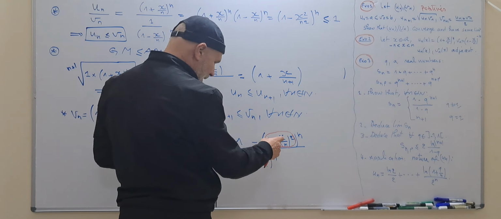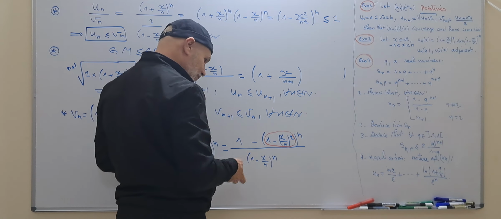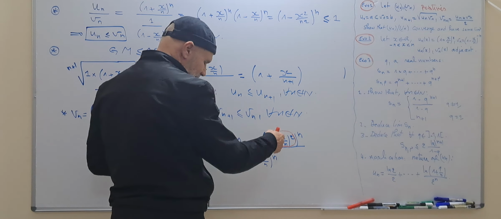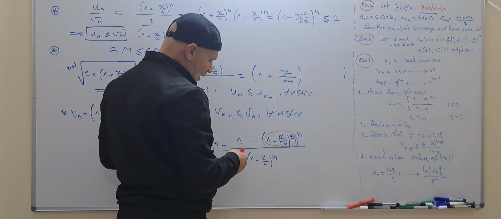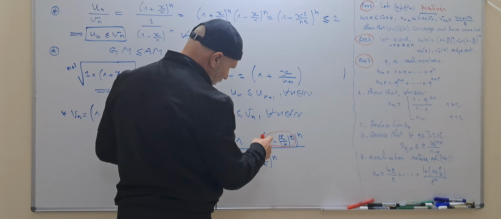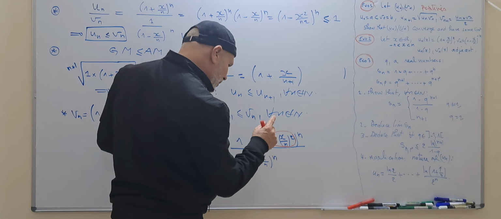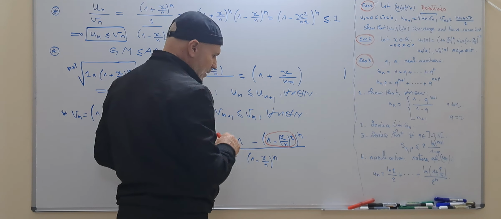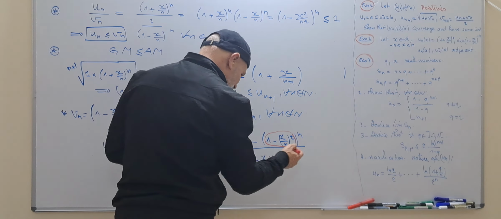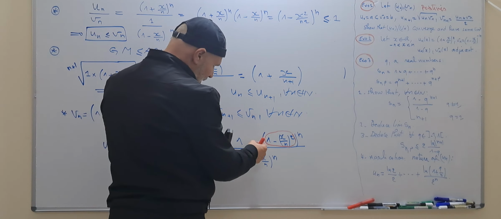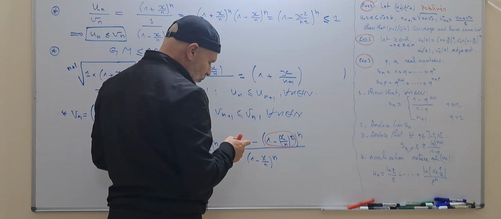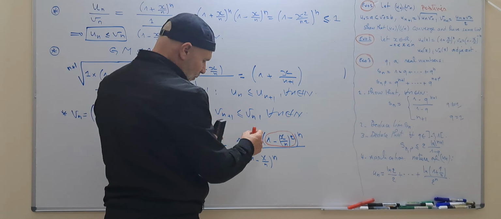So the maximum value for this is 1. And the difference between them is included between 0 and 1. So the maximum value is 1. So the maximum difference between them is equal to 0.